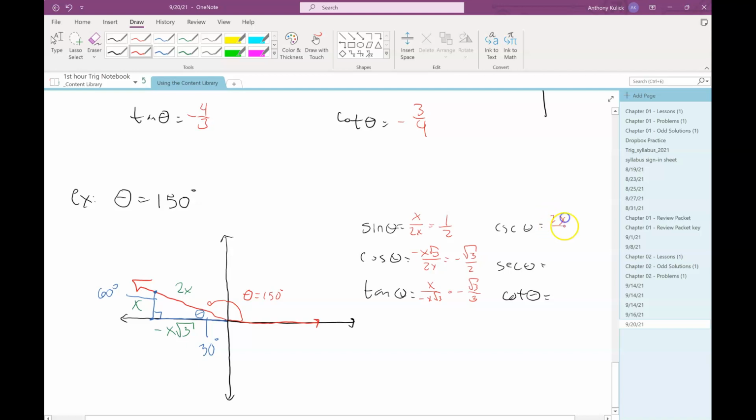Cosecant would be 2x over x, or just 2. Secant would be 2x over negative x root 3, which simplifies down to negative 2 root 3 over 3.